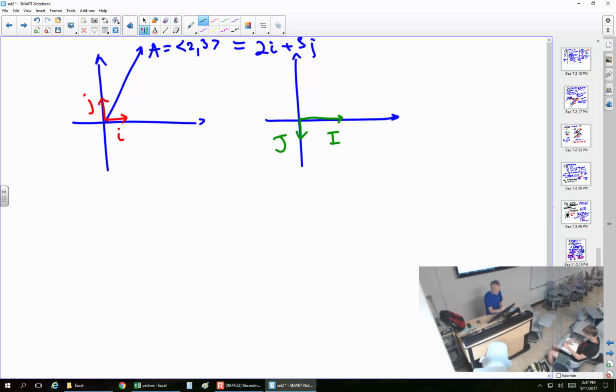This one is -1 and this is 2. My vector is still the same, so it's still here, like this. That's still my vector A. Now I want to represent A in terms of I capital and J capital.